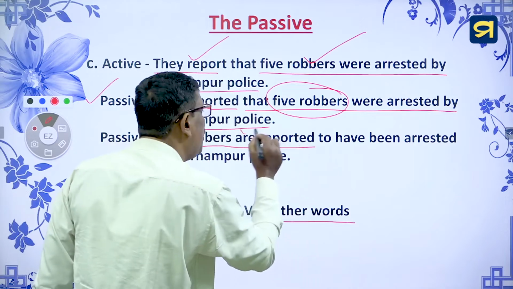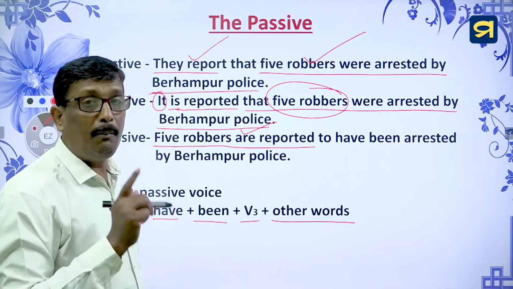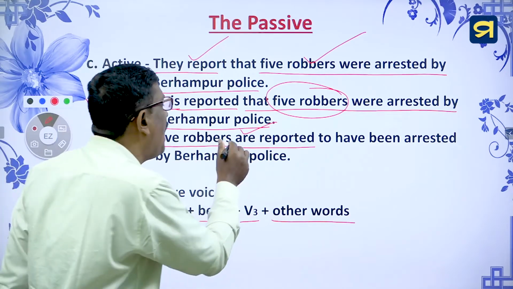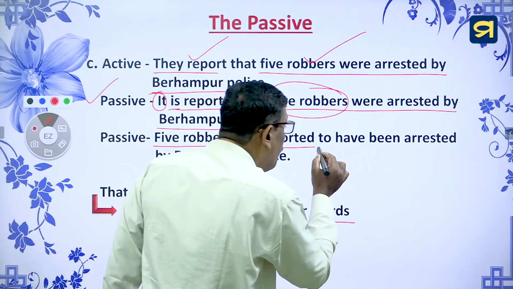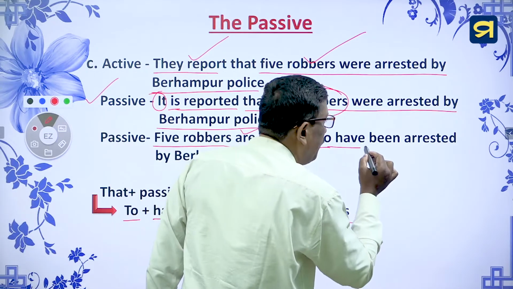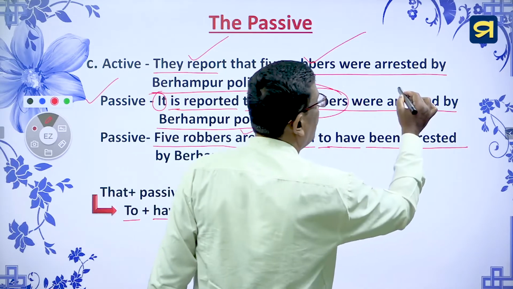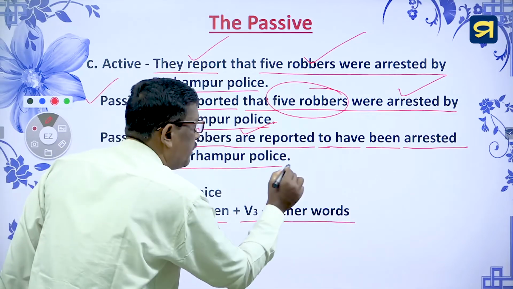Why is are used here? Because 5 robbers is plural, the third person plural number. That's why are is used. 5 robbers are, then to followed by have, then been, then third form of the verb. To have been arrested by Berhampur police.